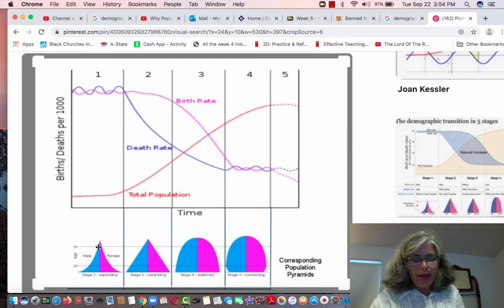And this line right here, I don't know if you can see it well, is like 65 years old. So you see that there are far more people in this section above the 65-year-old line who are still alive in society when stage 2 of the demographic transition happened.